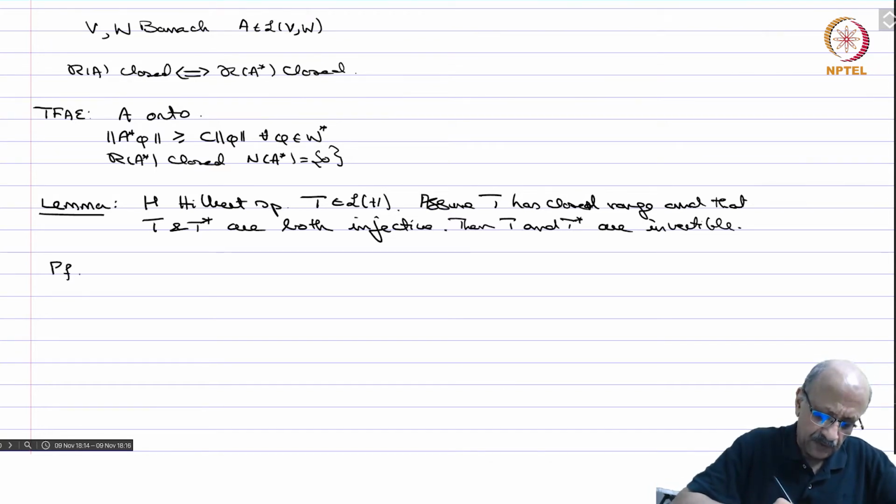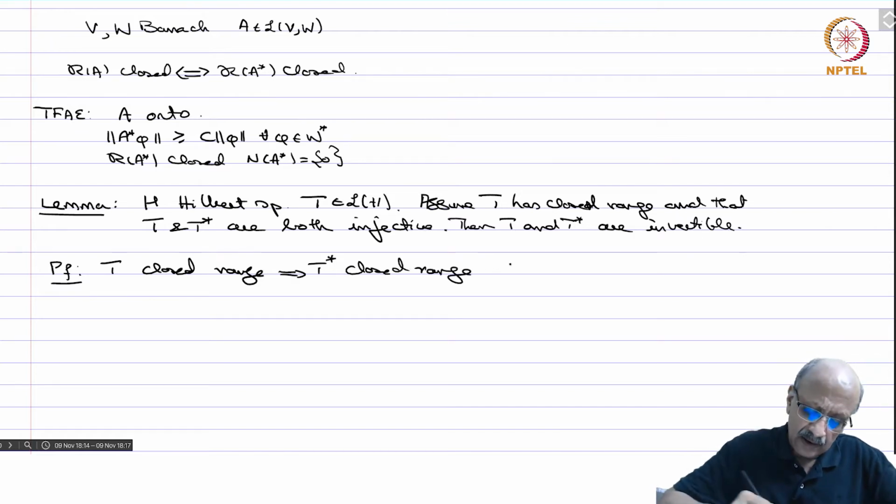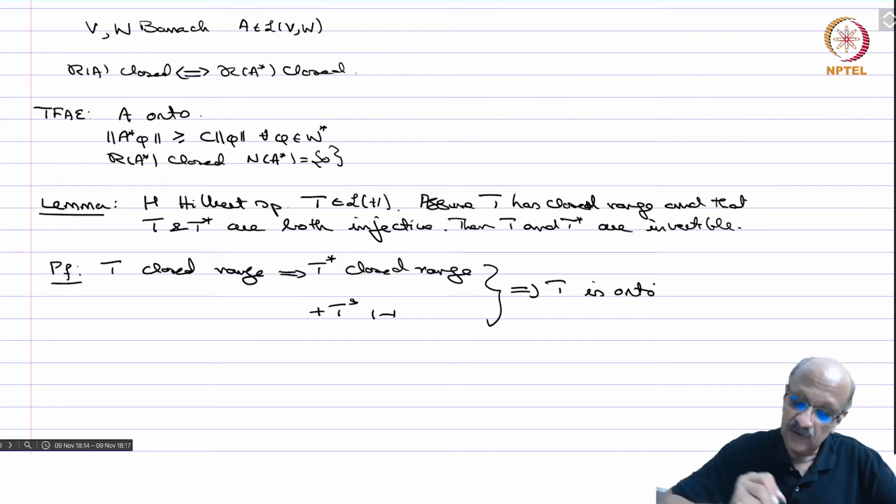So proof. T has closed range implies T star has closed range, and T star is 1-1 is given to you, and therefore these two imply that T is onto by the theorem which we have just stated.